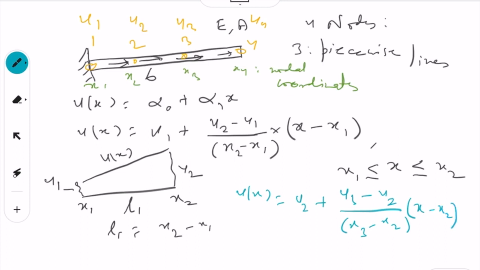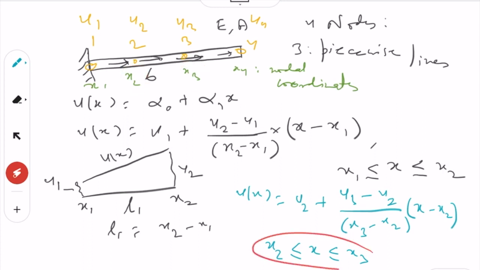This is valid for element number 2, that is, for the domain x greater than x2 and less than x3.